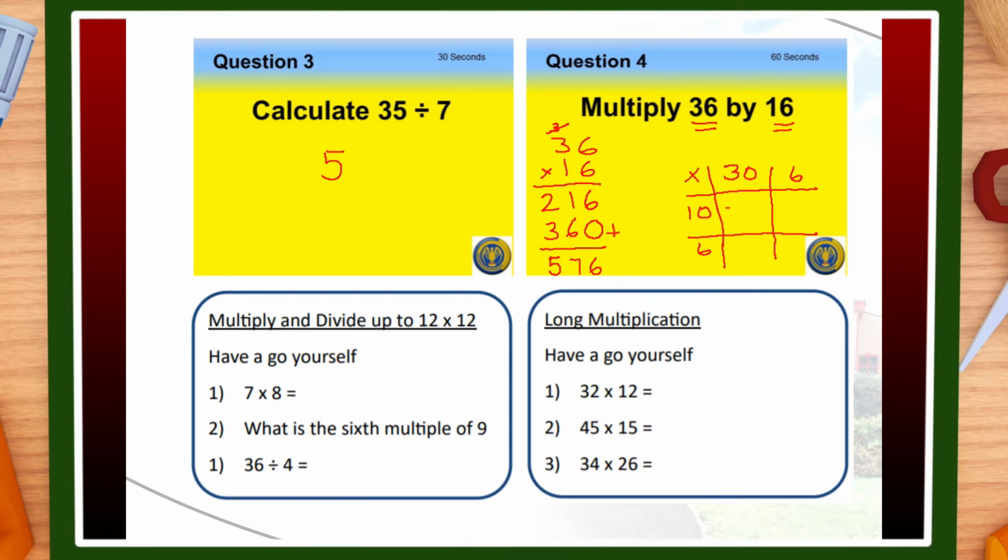So 10 times 30 is 300, 10 times 6 is 60, 6 times 30 is 180, and 6 sixes are 36. And then we'd add up all the values within the grid here, the 300, the 180, the 60 and the 36, and we'd get the same answer, 576. Again, whichever method takes your preference, you decide, and have a go at the ones below.